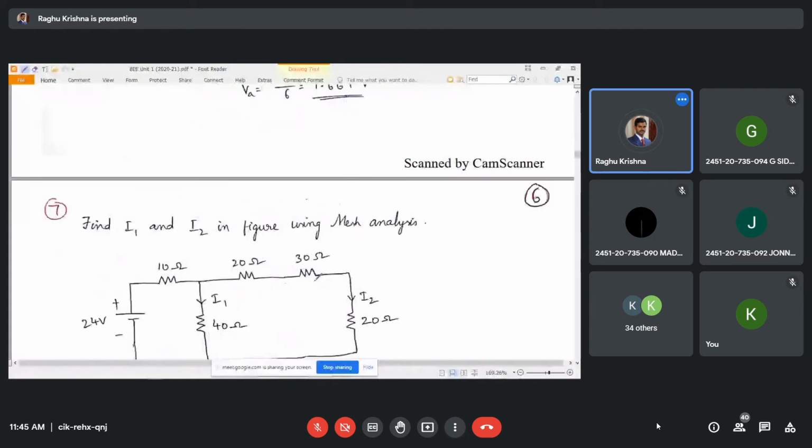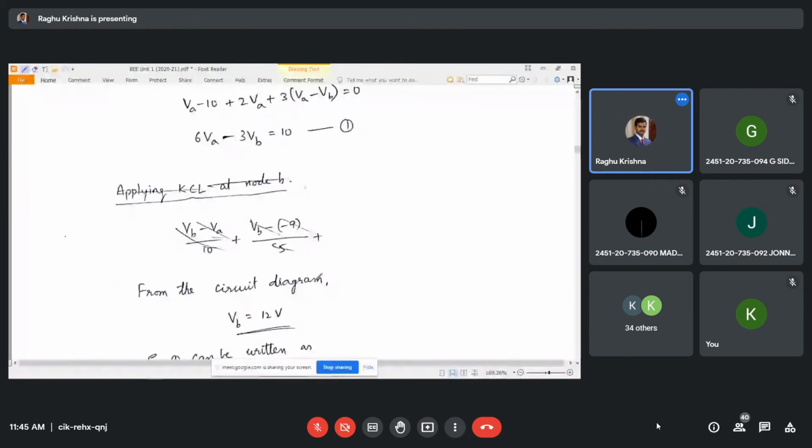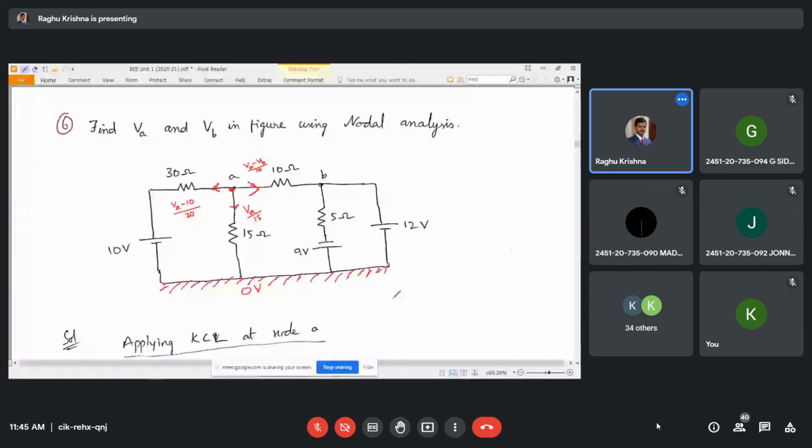Here you can see that you can directly get the value of VB, even without the equation. B is connected to 12 volts, so the voltage at node B will be 12 volts.